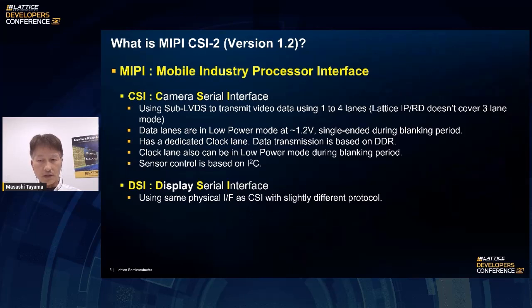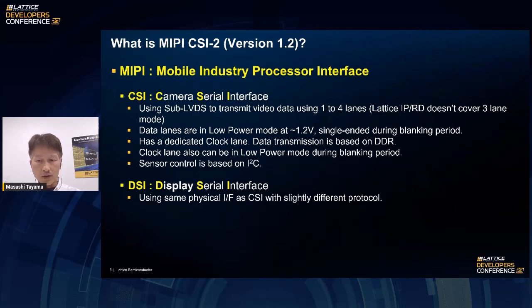It has a dedicated clock lane and 1 to 4 data lanes. Both clock and data lanes use sub-LVDS for high-speed data transmission using DDR. Data lanes go into low power mode with 1.2 volt single end in every horizontal and vertical blanking period.